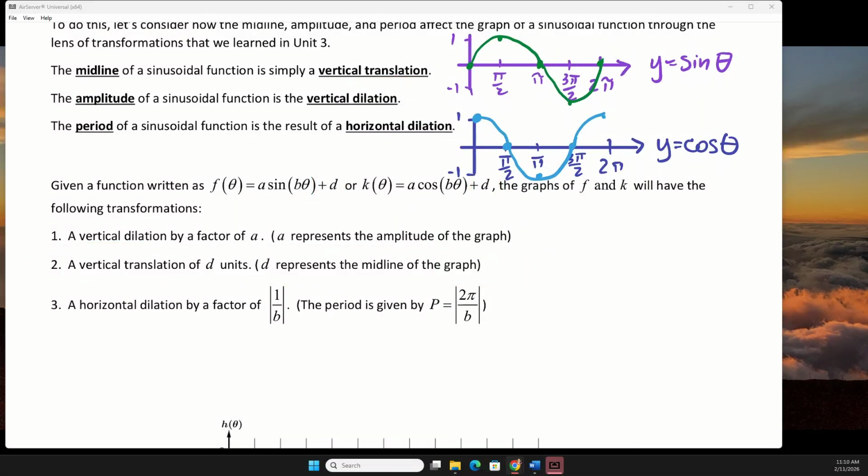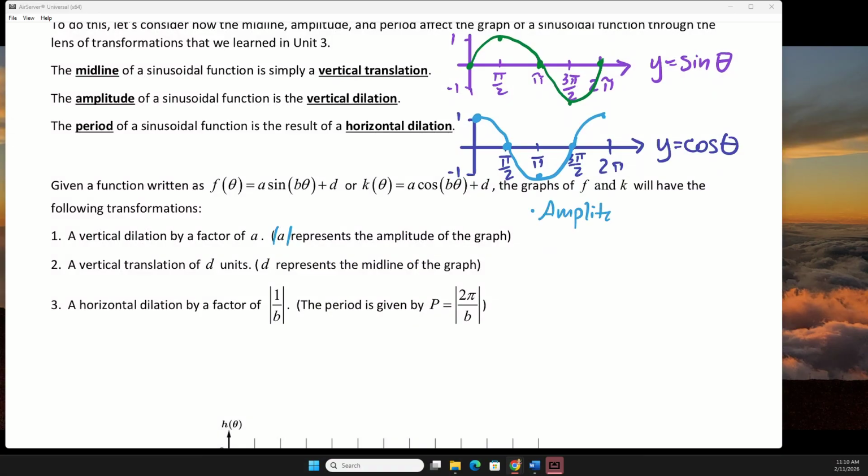All right, what about the amplitude of this vertical dilation? That's going to be A. So this technically should be the absolute value of A, represents the amplitude. The amplitude is always positive.